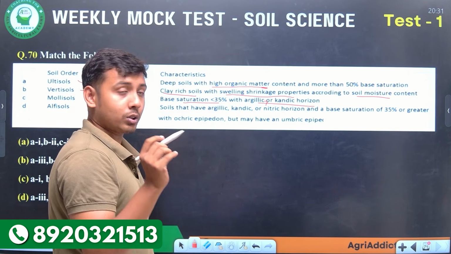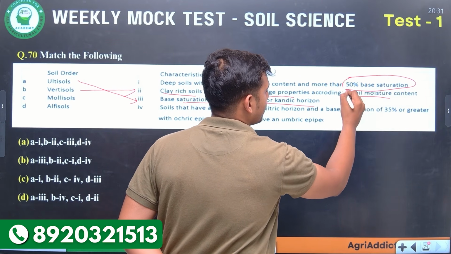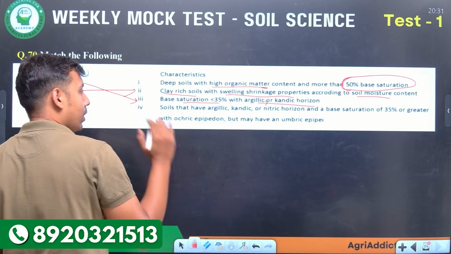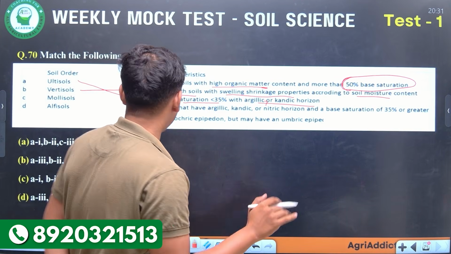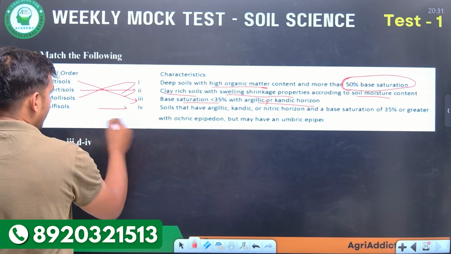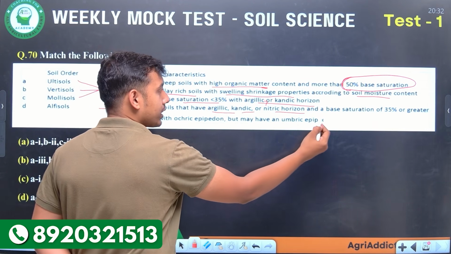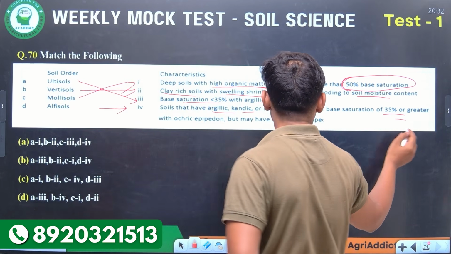The main two key points of mollisol: high organic matter, and base saturation more than 50%. So mollisol will be 1, and alfisol is the soil that has argillic, kandic or natric horizon and a base saturation of 35% or greater.